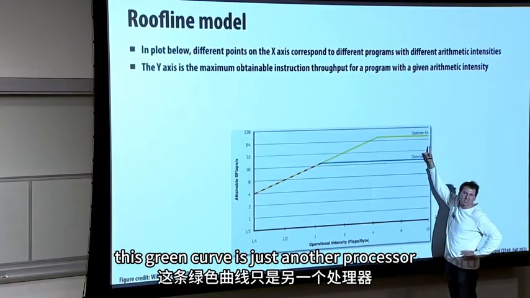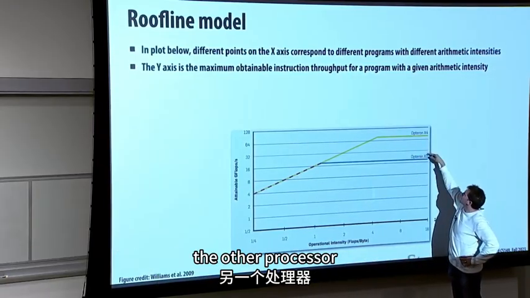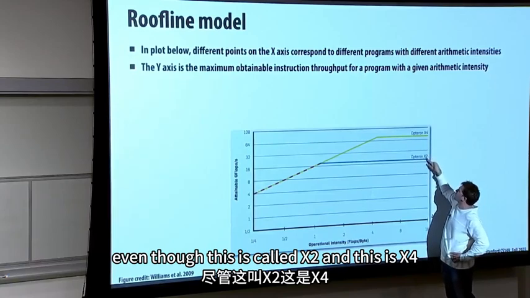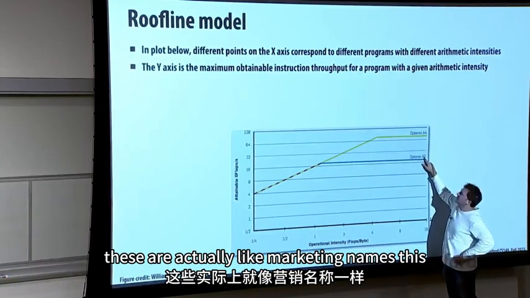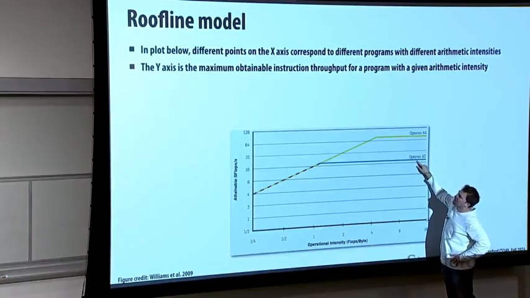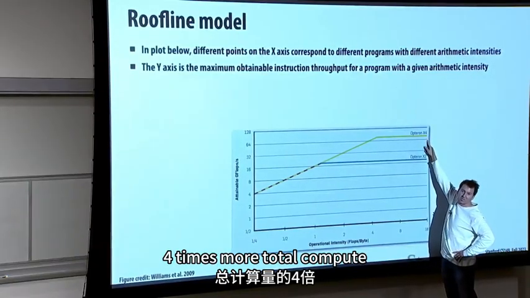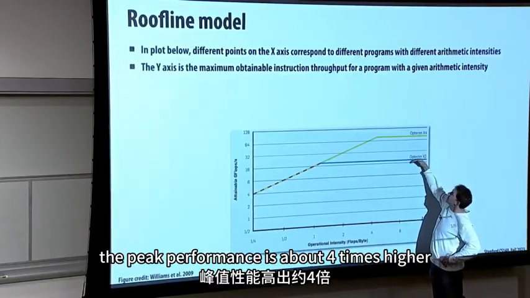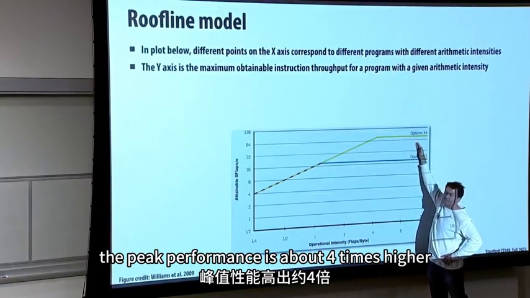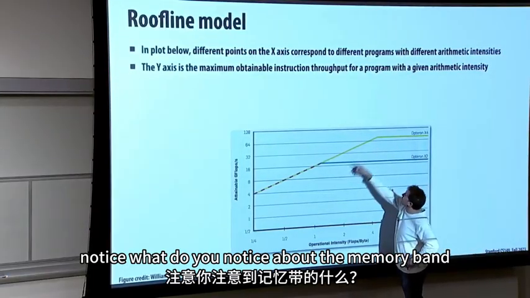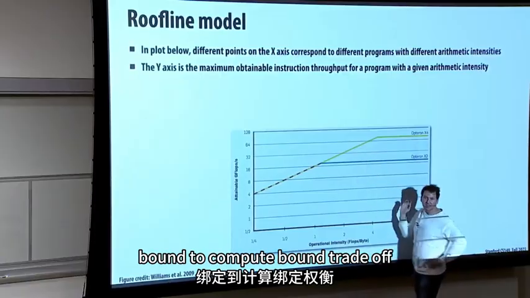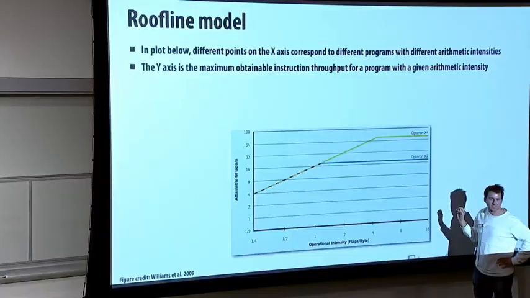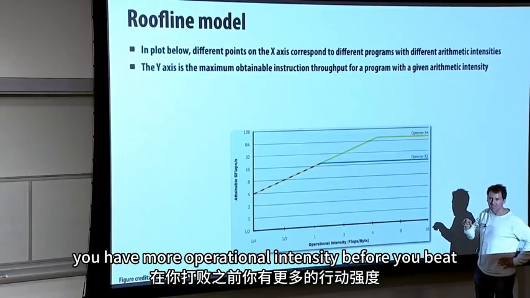This green curve is just another processor. Even though this is called X2 and this is X4, these are actually marketing names. This is a processor with 4 times more total compute. And so notice that with 4 times more total compute, the peak performance is about 4 times higher. Notice, what do you notice about the memory bound to compute bound trade-off? You need more operational intensity before you become compute bound.